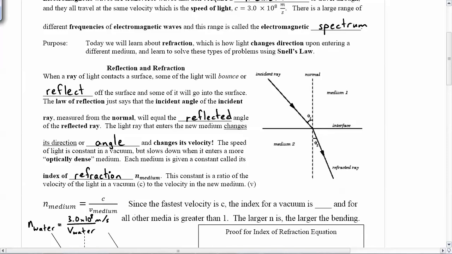Now, since the fastest velocity is c, the index for a vacuum would be c divided by c, which would be 1. And for all other media, you get a ratio that's greater than 1. The larger n is, the more bending, the slower light will go in that medium.